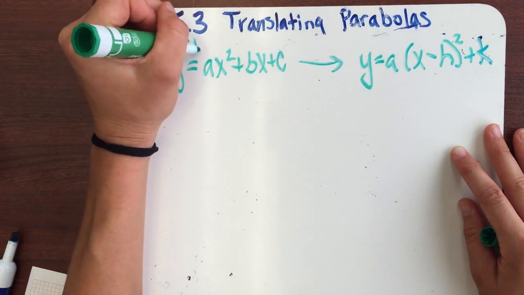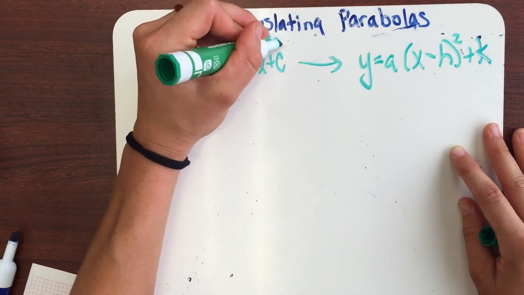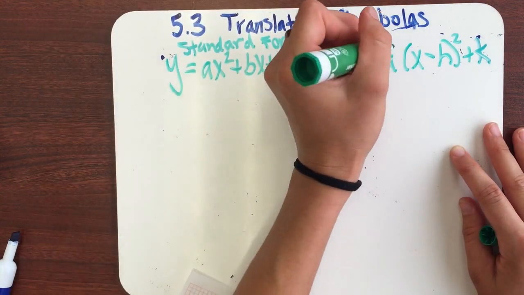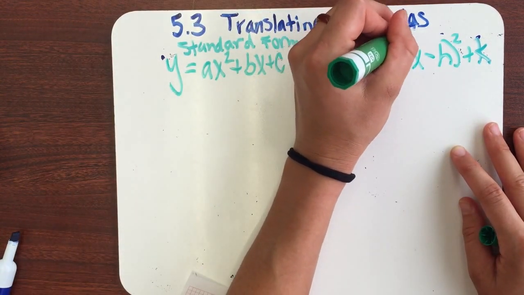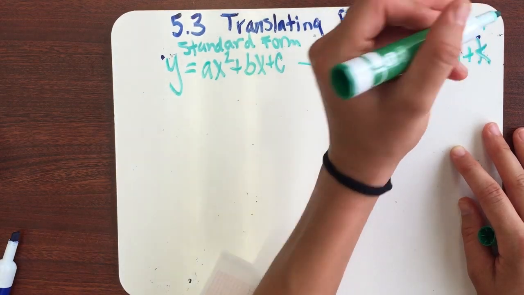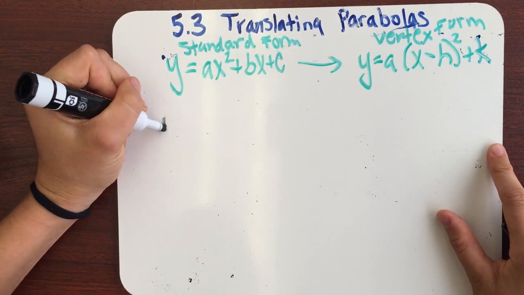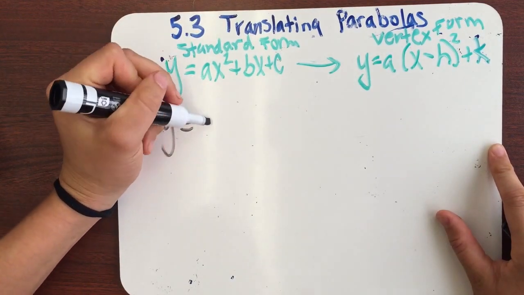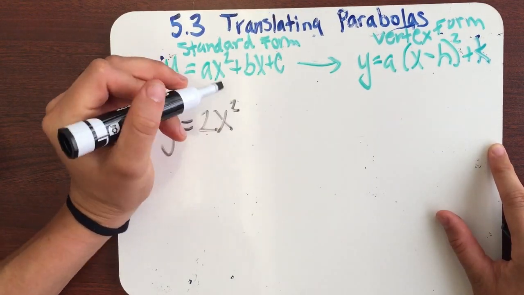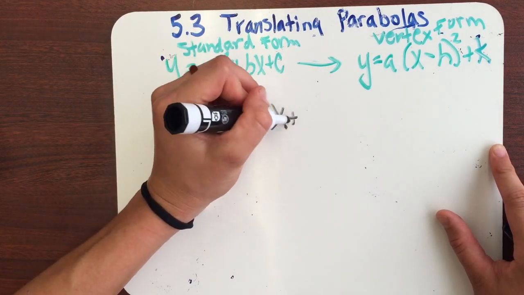So this is standard form, and then this is vertex form. Let's take y is equal to 2x squared plus 10x plus 7.